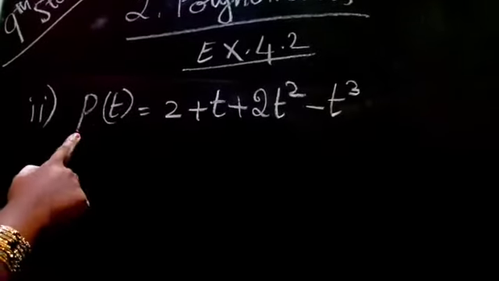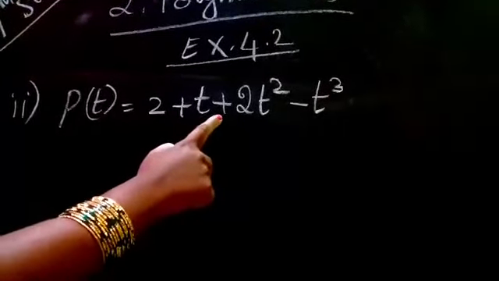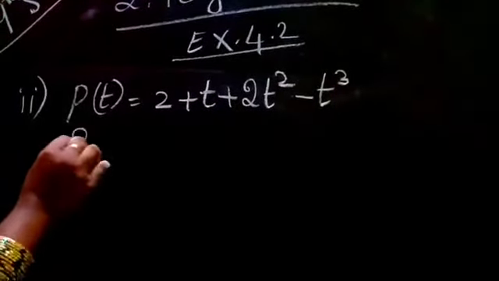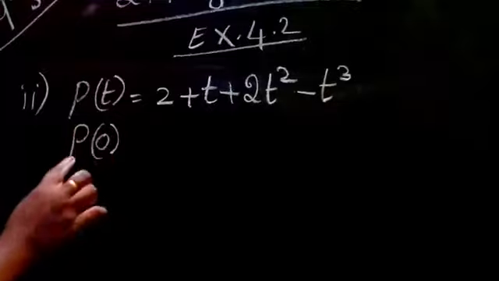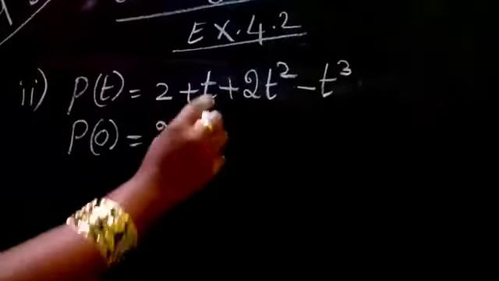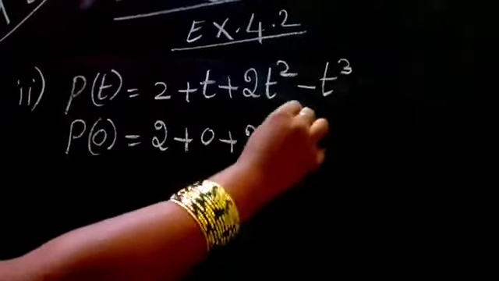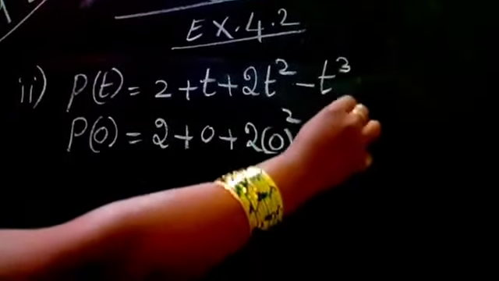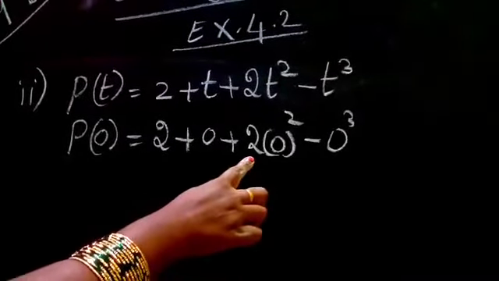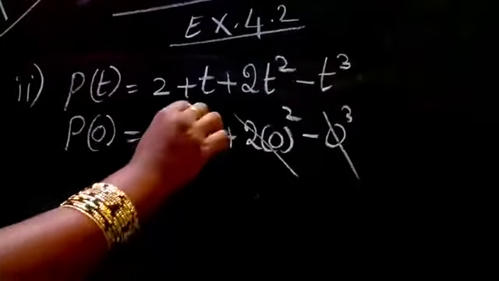Second question is p of t equal to 2 plus t plus 2t square minus t cube. Now we are going to apply 0 in the t place. P of 0 equal to 2 plus 0 plus 2 into 0 square minus 0 cube. So 0 into any number will get 0 only. Here also we have 0, so here also it is 0.